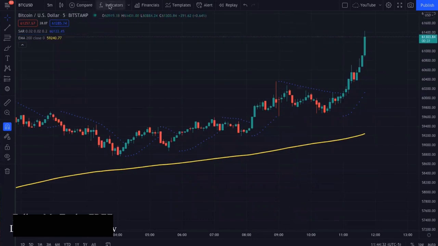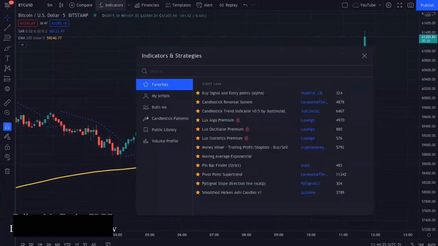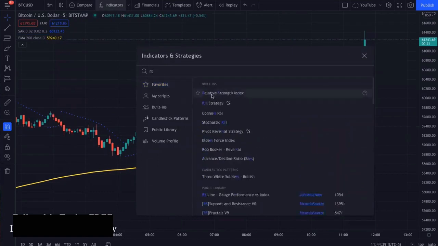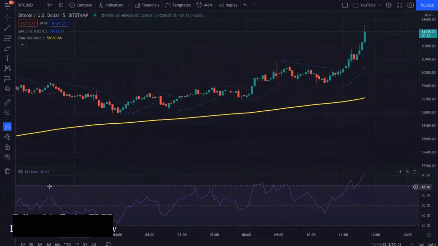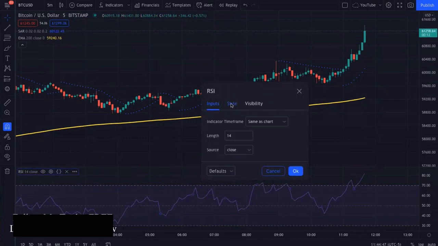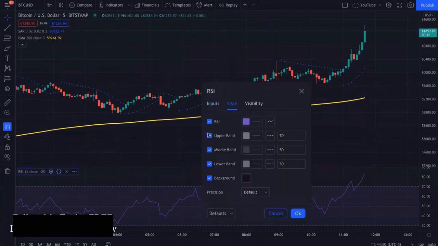And then the third thing we're going to add to this is the RSI, the Relative Strength Index. And here we're going to adjust this as well, where I don't want to look at colors.